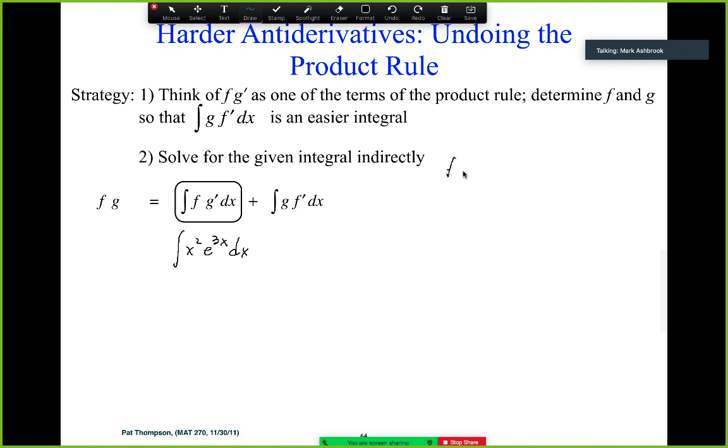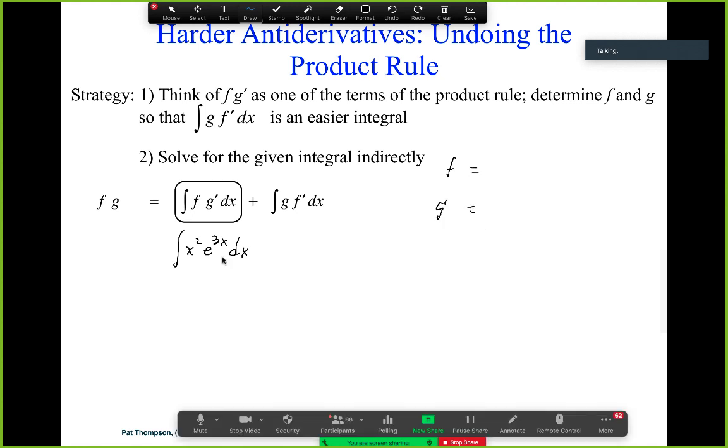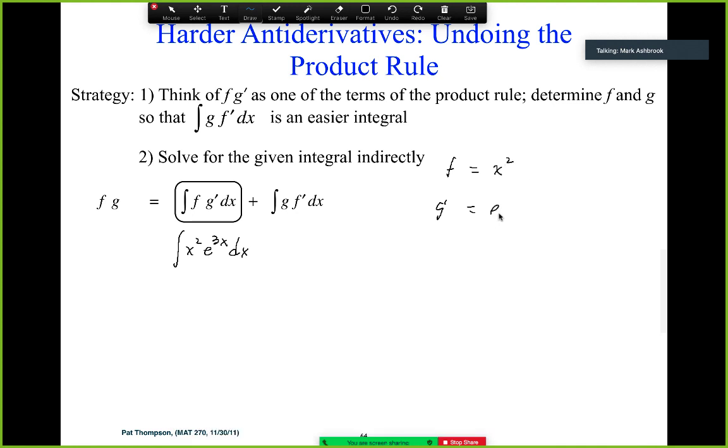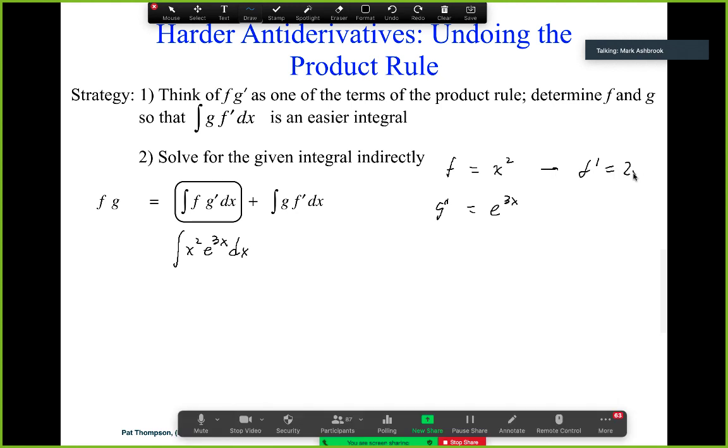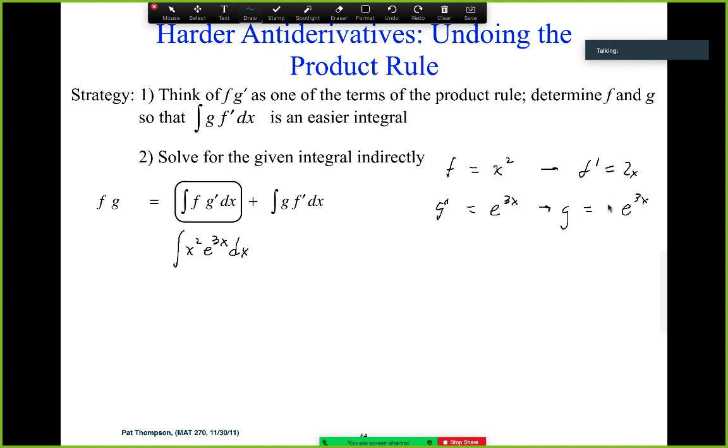We can't do it. So we're going to try our technique here. And so f g prime. So we'll try x squared and e to the 3x for f and g prime, right? We'll just match them up this way. That means that f prime is 2x, g is e to the 3x, but then we also need 1/3.